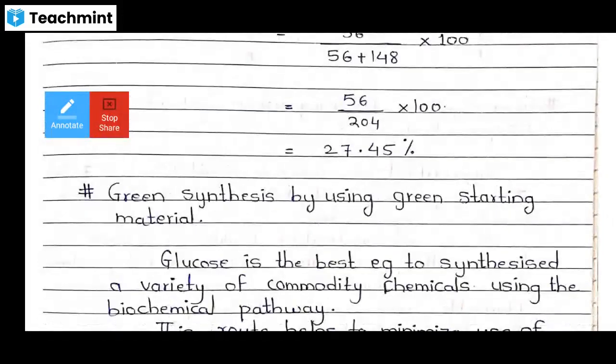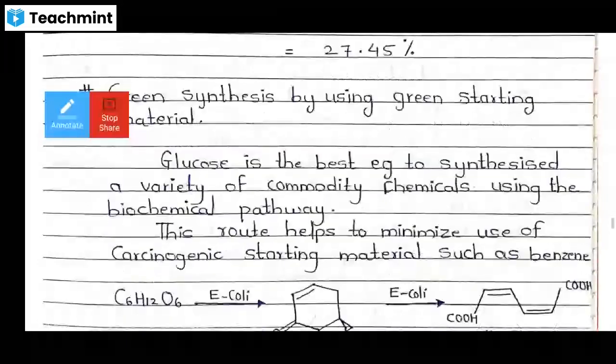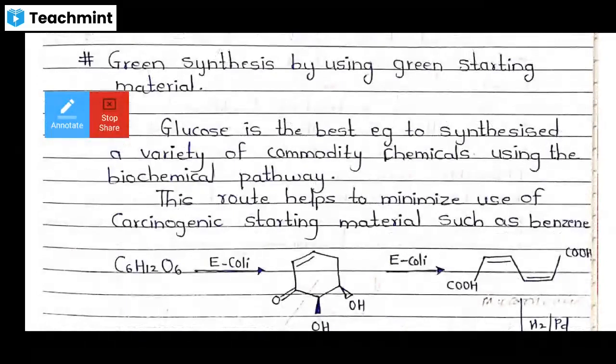Okay, so now we are performing green synthesis by using the green methods. In that, we use green synthesis by using green starting materials. So glucose is the best example to synthesize a variety of commodity chemicals using the biochemical pathway.